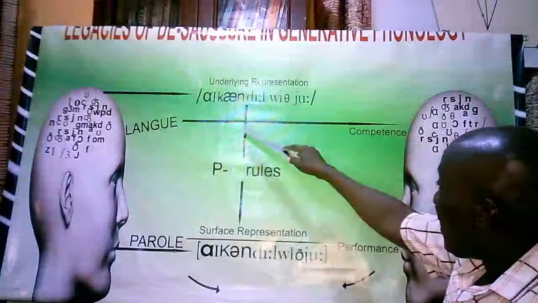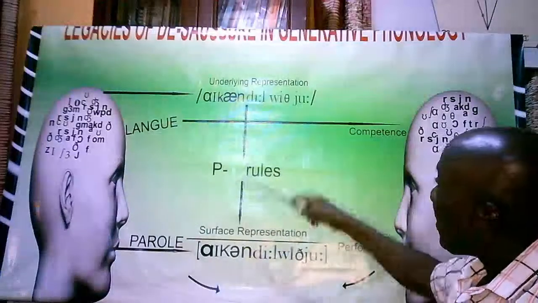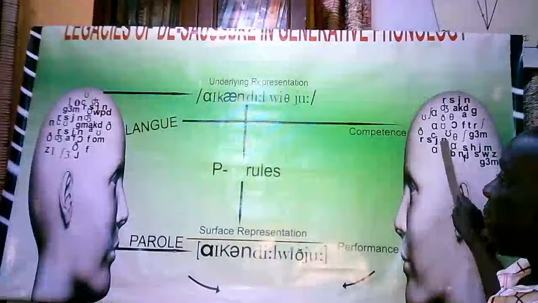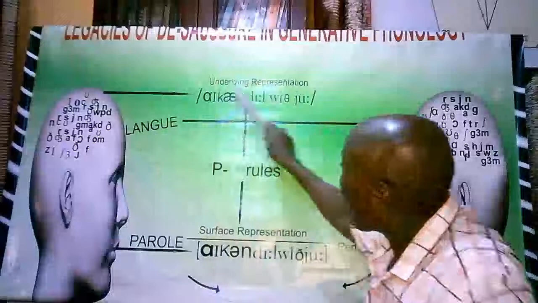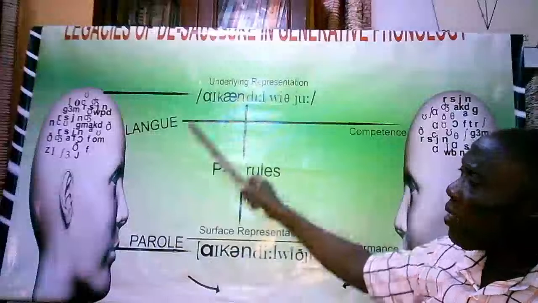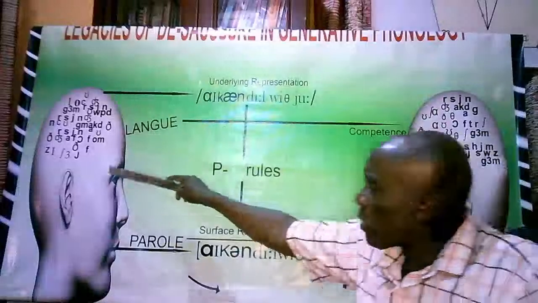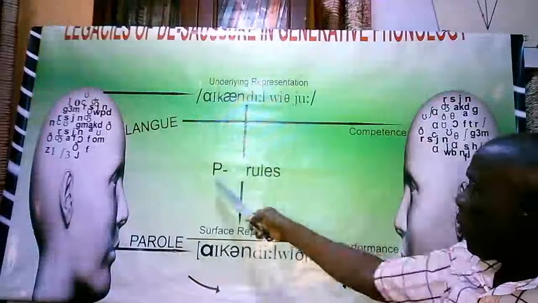Look at this arrow here. This arrow indicates that what exists inside the mind, when it is concatenated in the mind, by the time it passes through the articulatory process to be uttered by the lips, goes through a rule.